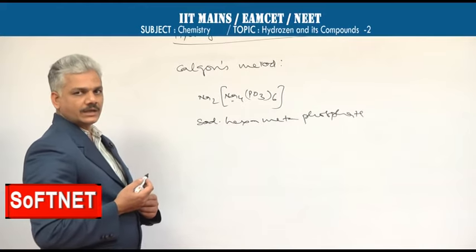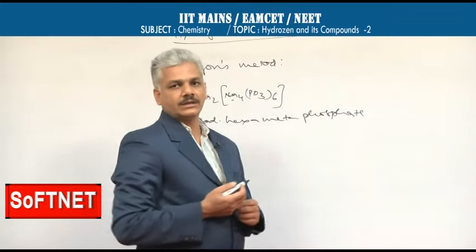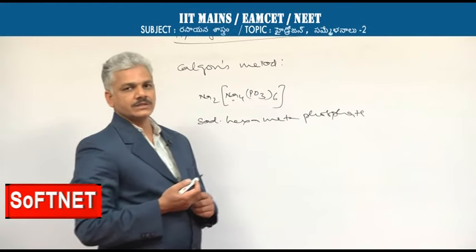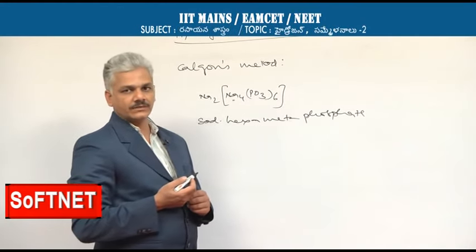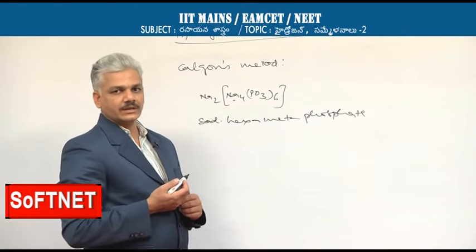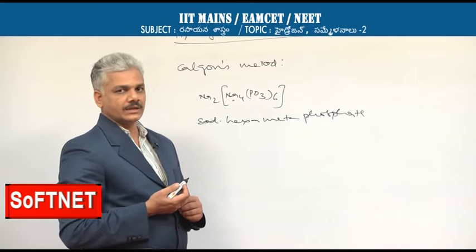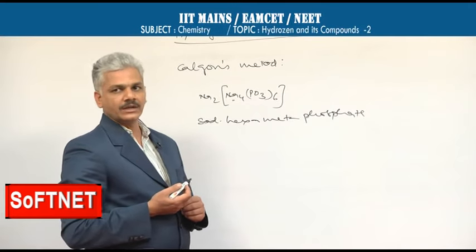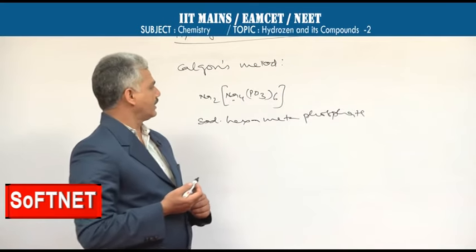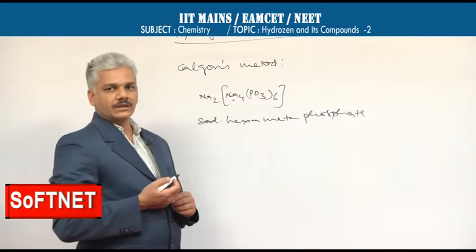So when calculated quantities of Calgon are added to hard water, the soluble calcium and magnesium ions are converted into complex ions, and in that process their natural tendency to impart hardness to water will be lost. In that way, hardness of water can be removed.